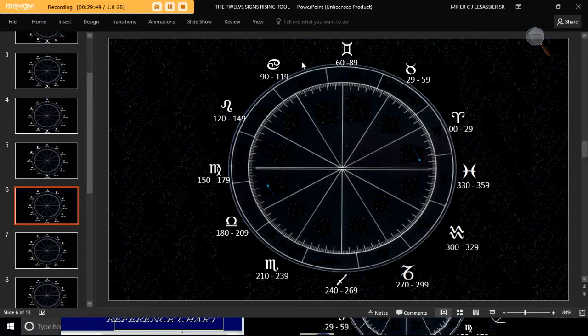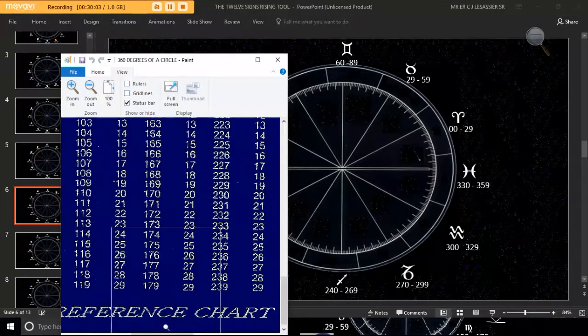Yeah, because there's only 30 degrees to a sign. This is only a register for how it relates to the 360 degrees. But right here, you would go from where I showed you on this chart.